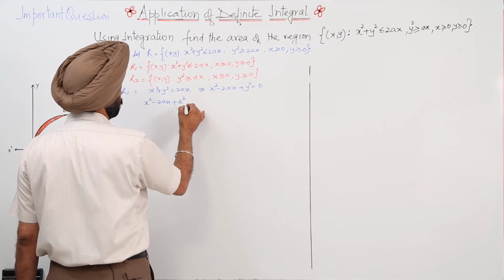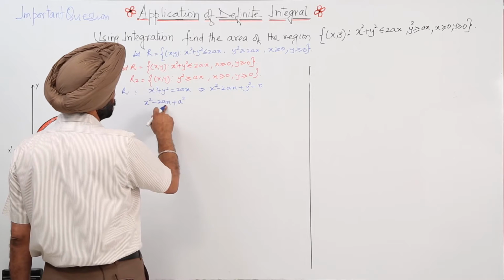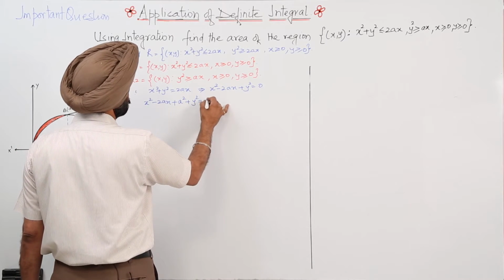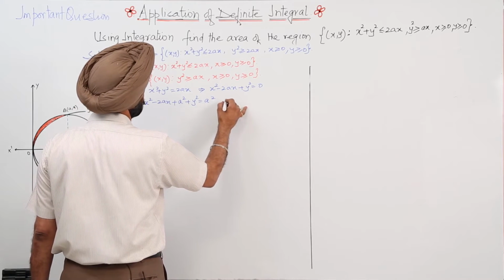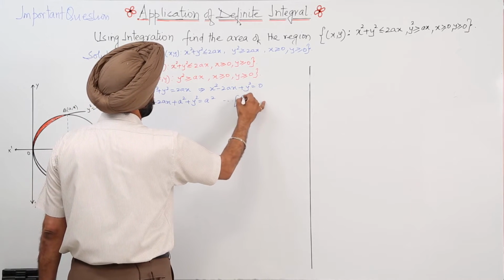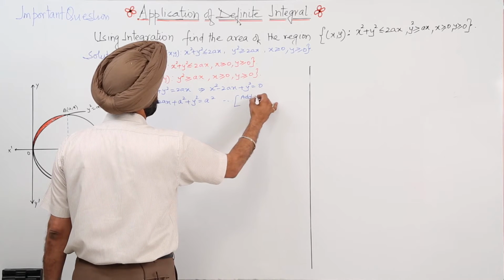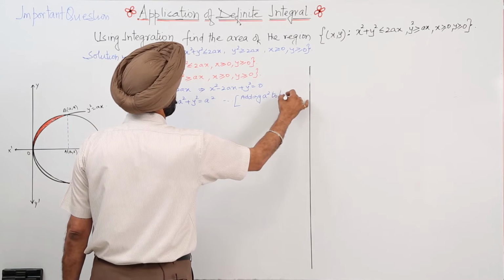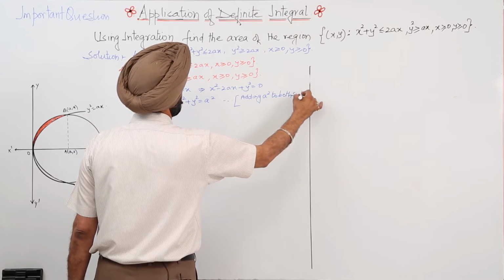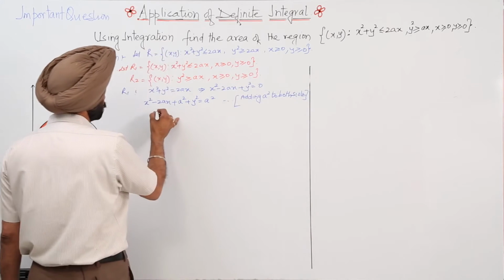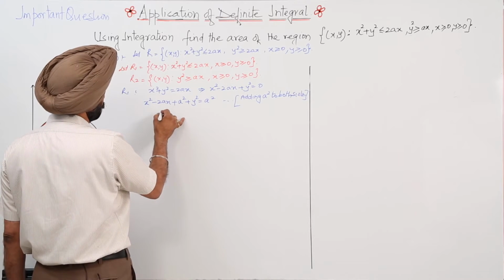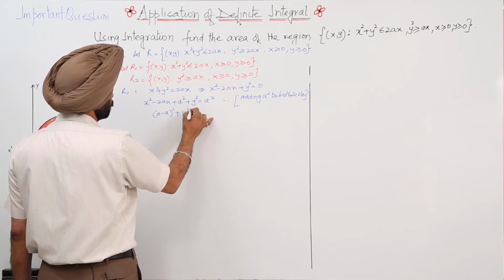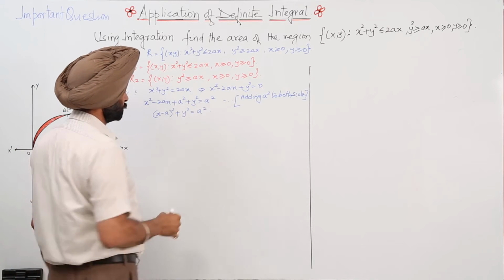So a². x² − 2ax + a² + y² = a², adding a² to both sides. Now this becomes (x − a)² + y² = a².